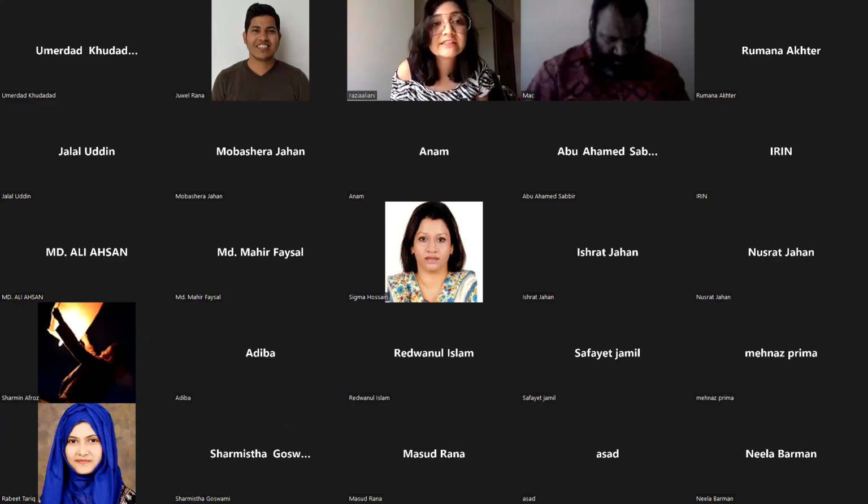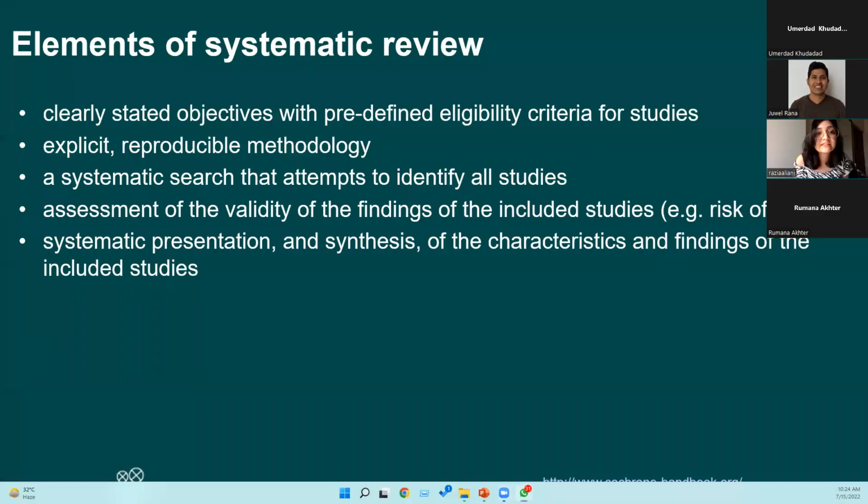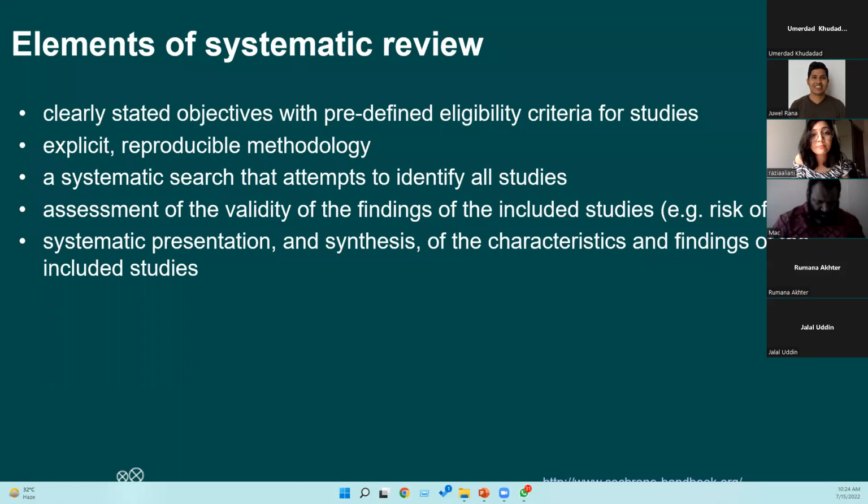What we synthesize should give us the complete, comprehensive answer. It needs to know the findings of the research studies, and it has a systematic presentation, synthesis, and characteristics.